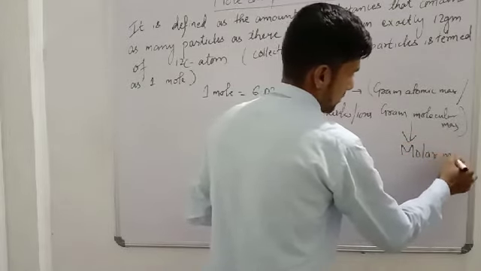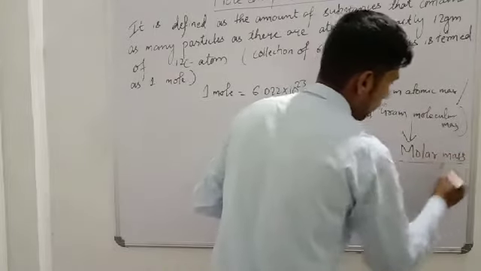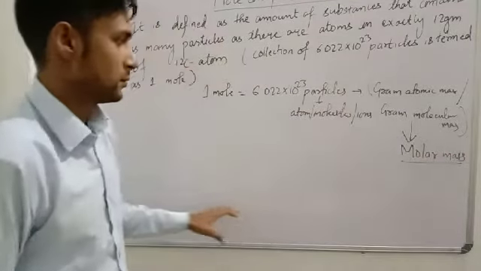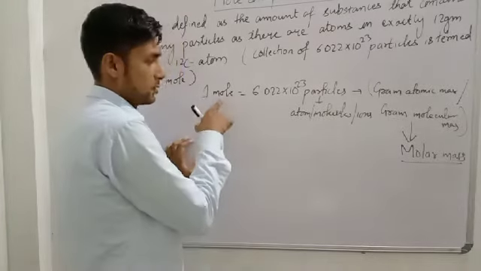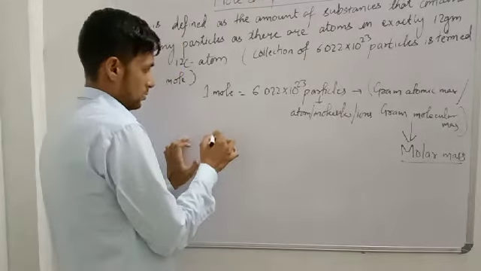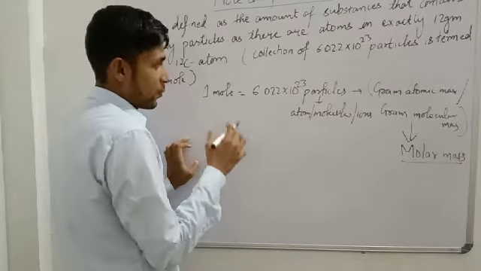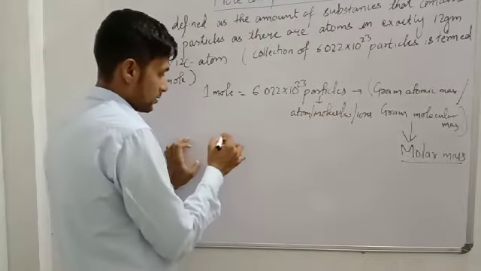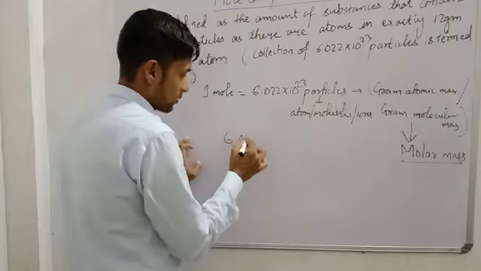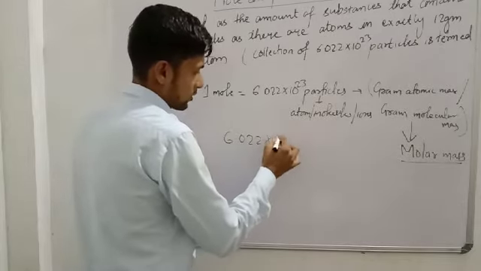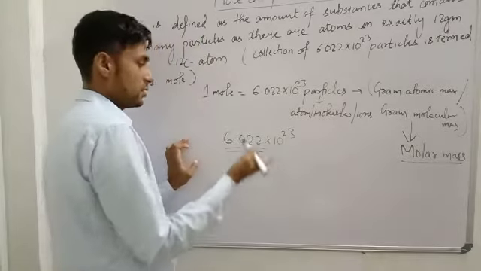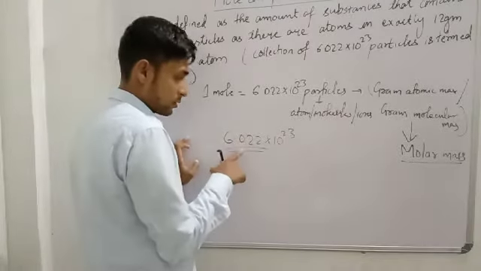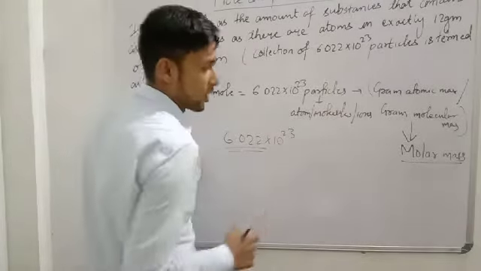Molar mass. So 1 molar mass means in which the number of mole is 1, or the amount of substance in which there exists this number of particles is known as molar mass.